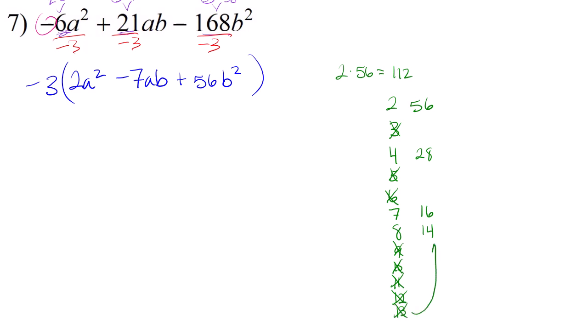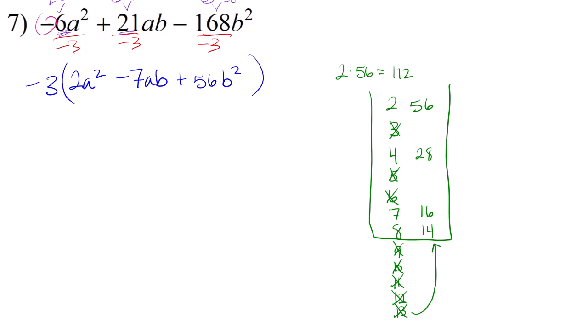Now we're back to the other side of our list. That's our whole list, except for 1 and 112, but that would get us an even bigger sum if we added those together. When you exhaust your list, that means you're done.